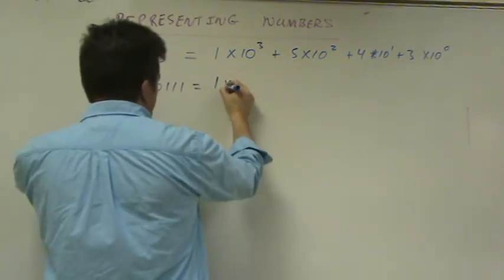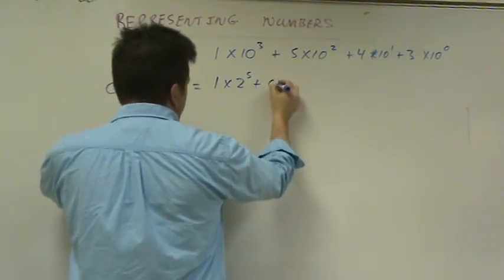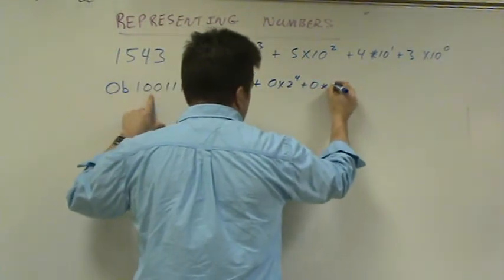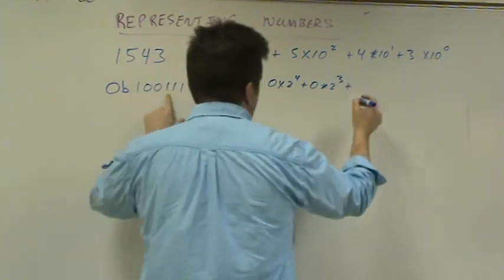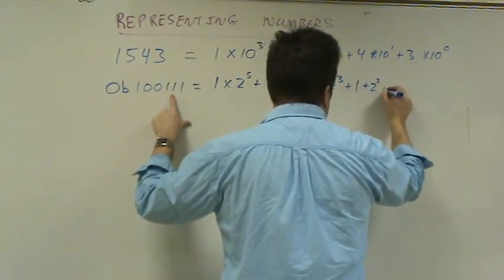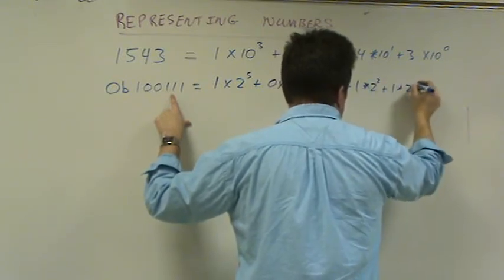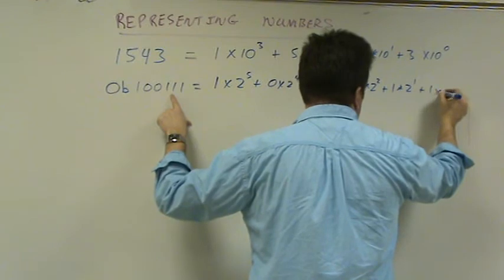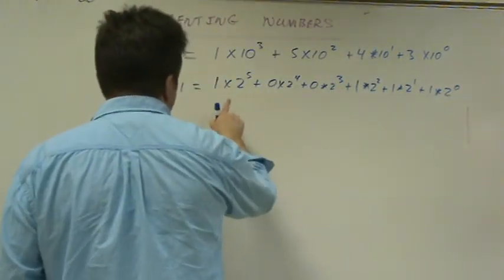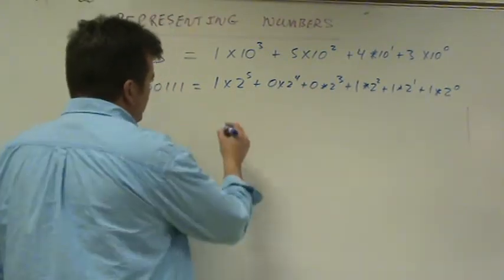This would be 1 times 2 to the 5th plus 0 times 2 to the 4th plus 0 times 2 to the 3rd plus 1 times 2 squared plus 1 times 2 to the 1st plus 1 times 2 to the 0, which ends up equaling 2 to the 5 is 2, 4, 8, 16, 32.